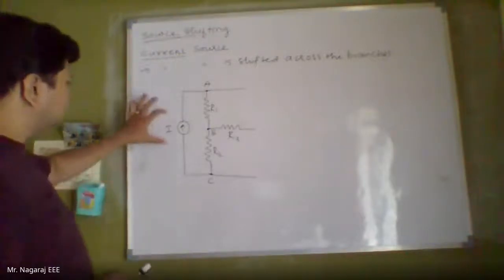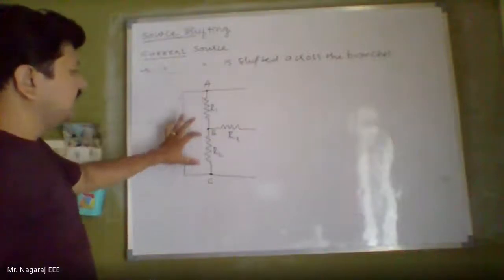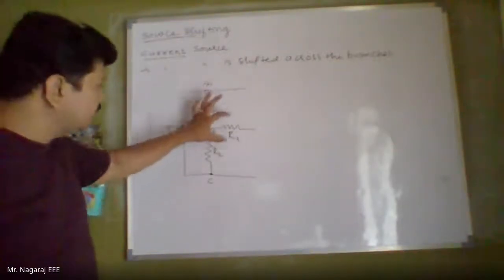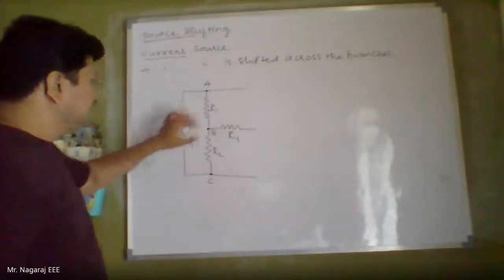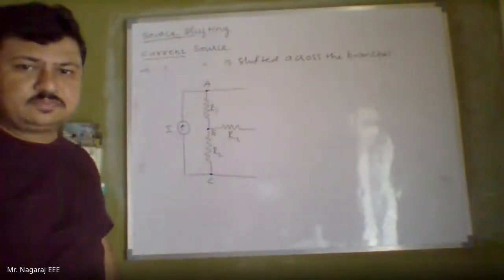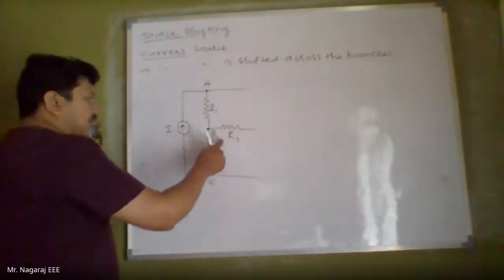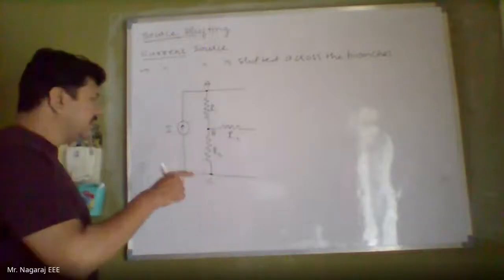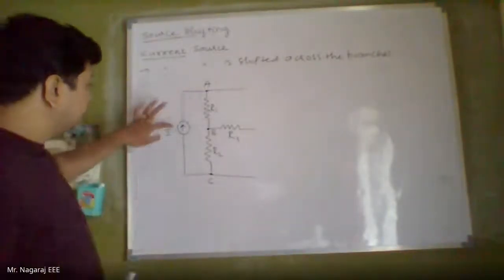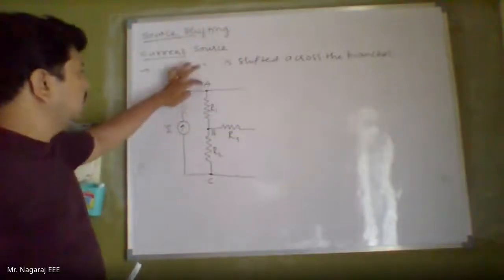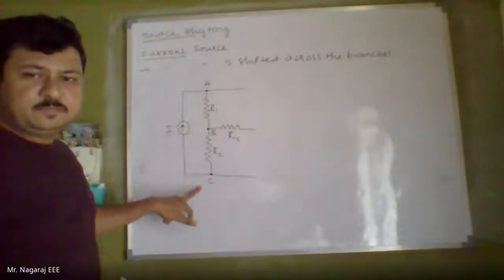Now I can shift this current source I across R1 and across R2. I cannot shift this current I across R3. Why is this? Because R3 is not in direct connection with the source I, whereas R1 is in connection with the source I at node A, and R2 is in connection with the source I at node C.